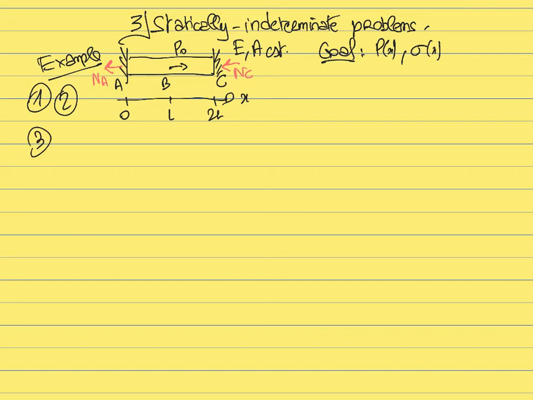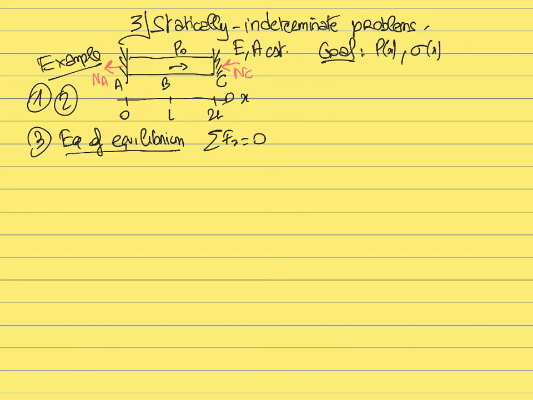Now stage 3, equation of equilibrium. We isolate the entire beam and write the condition of equilibrium to find the value of the unknowns. We write that the sum of the forces along the x-axis is equal to 0, the sum of the projection of the forces along x equals 0. What do we have?